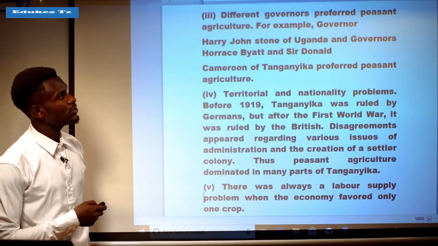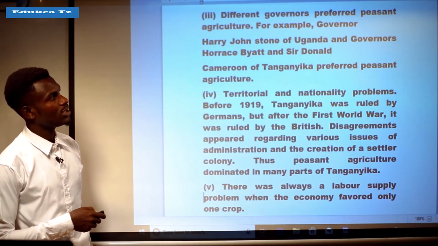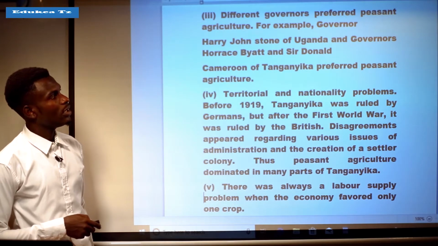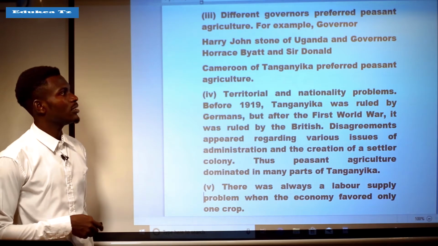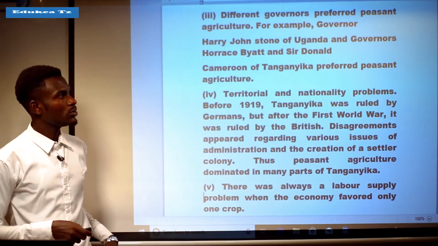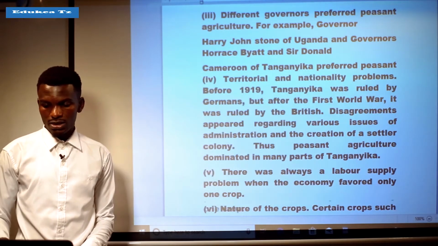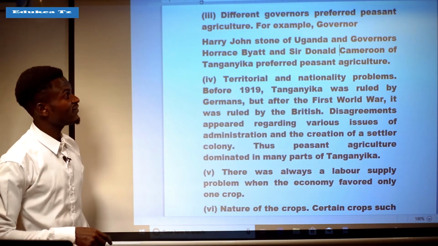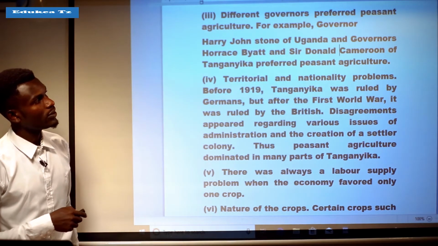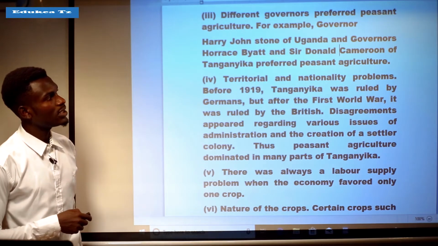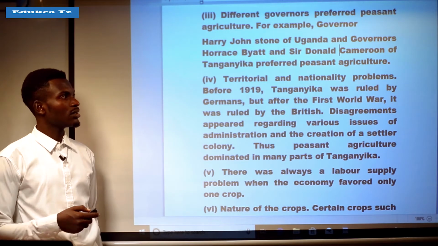For example, Harry Johnston of Uganda, Governor Clifford, and Sir Donald Cameron of Tanganyika preferred peasant agriculture.